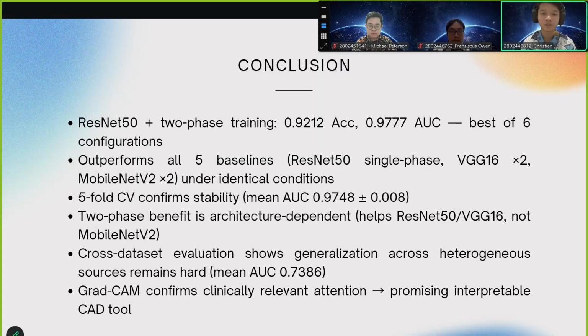We showed the two-phase benefit is architecture dependent and that cross-dataset generalization remains an open challenge. And Grad-CAM confirmed that the model looks where a radiologist would. Together, this points to a transparent, interpretable decision support tool for TB screening.